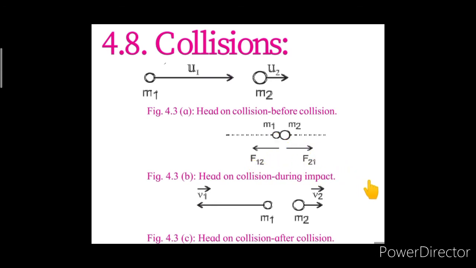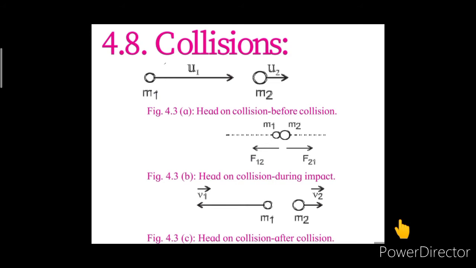After the collision, the body of mass m1 is moving with its final velocity v1, and the body of mass m2 is moving with its final velocity v2 in the given direction.